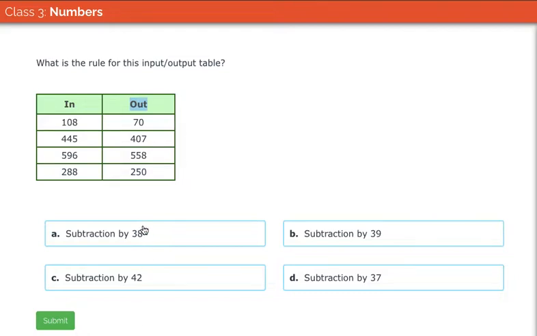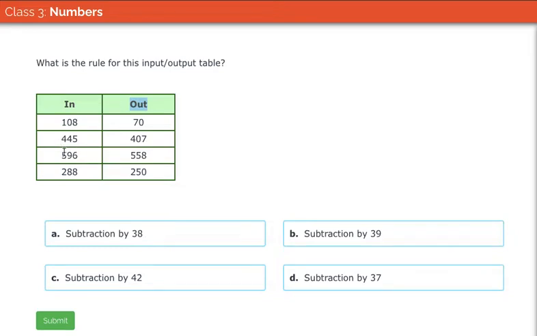I think it is subtract 38. Let's check. 108 minus 38 is 70, because 108 minus 8 is 100, minus 30 is 70.